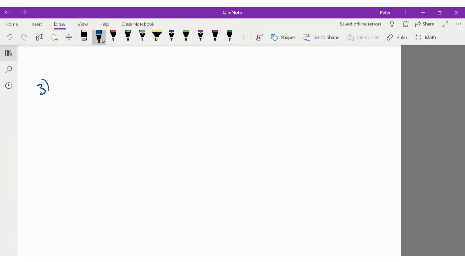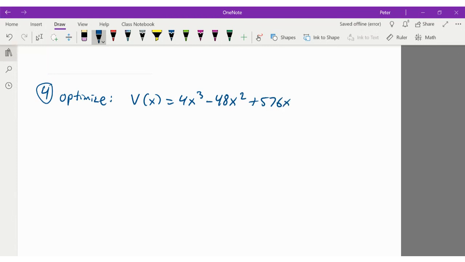And so recall, what we want to do now is optimize. Recall that V of x we found was 4x cubed minus 48x squared plus 576x. So that gives us V prime of x equals 12x squared minus 96x plus 576.